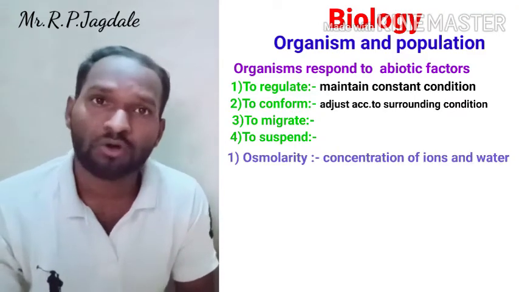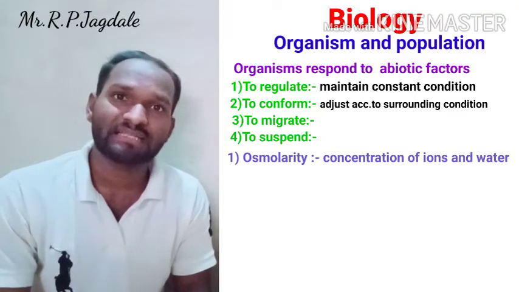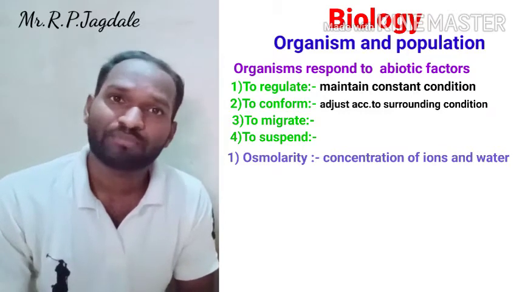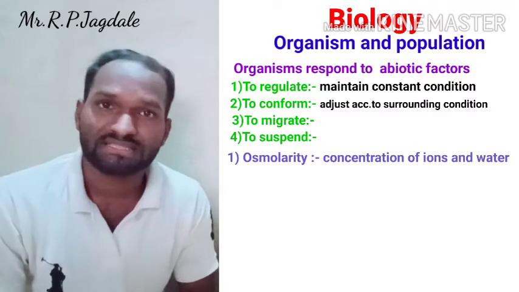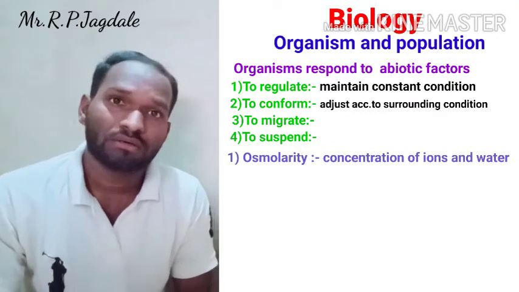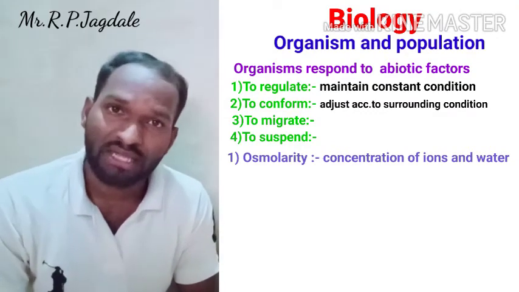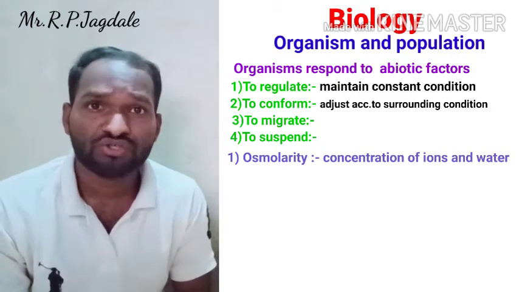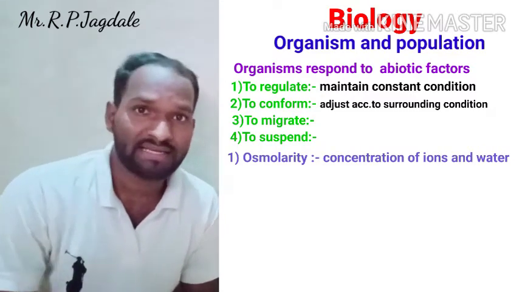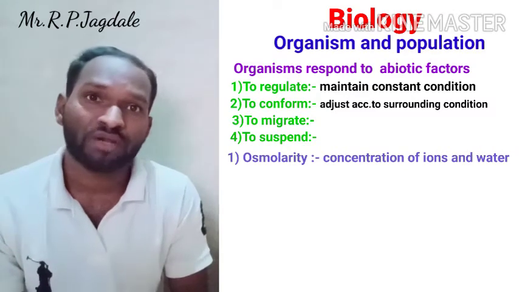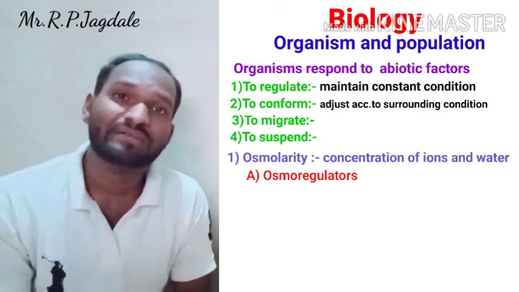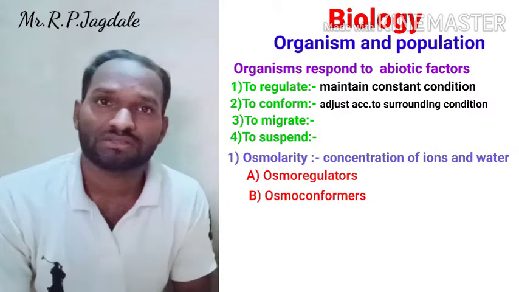Osmolarity means the concentration of ions and water present either in the surrounding or in the organism. There are two types of organisms in the case of osmolarity and also in the case of temperature. In osmolarity, one is the osmoregulators and the other is the osmoconformers.